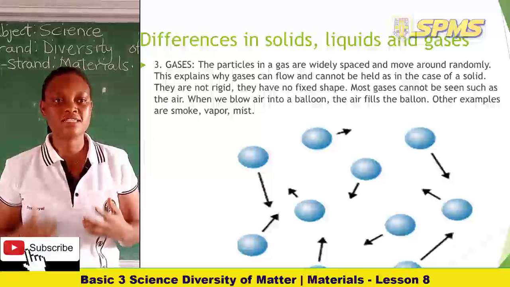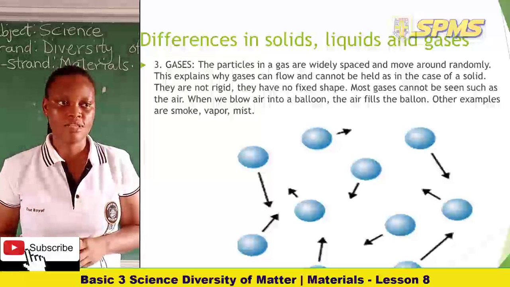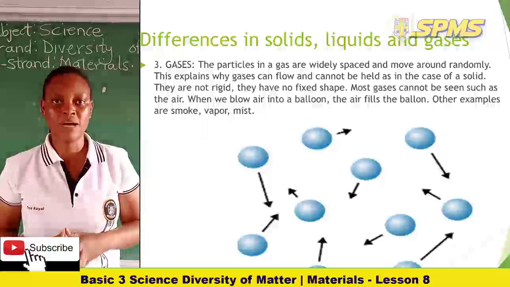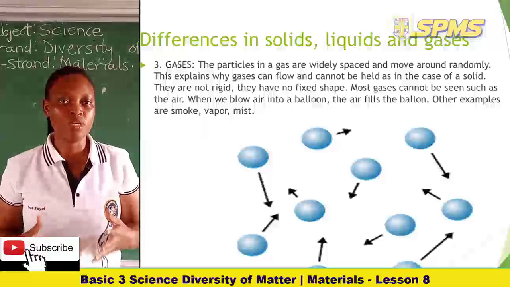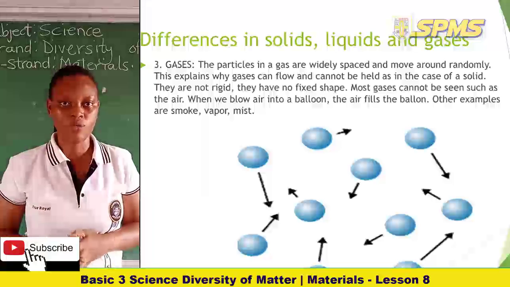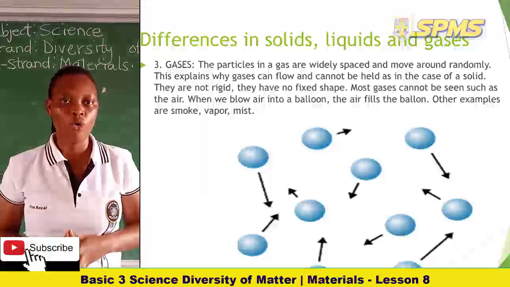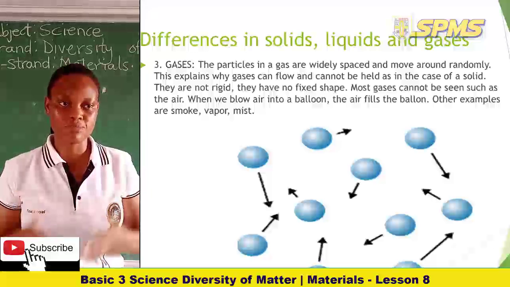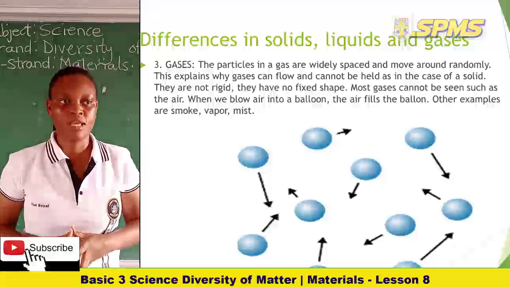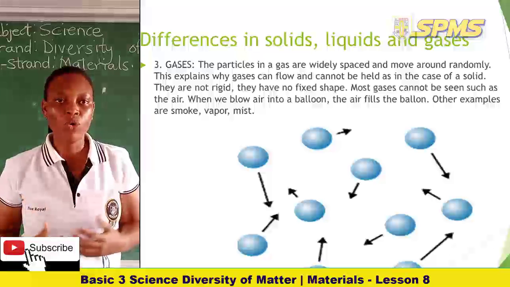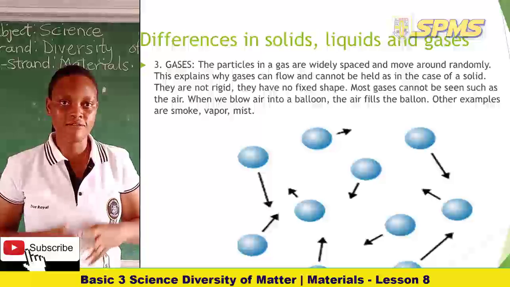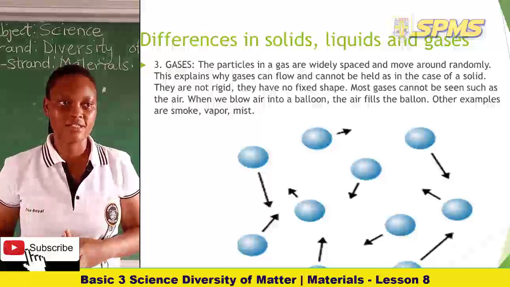So most gases cannot be seen, such as the air. Others can be seen, but then they disappear within a short while, like the steam or the vapor that comes out from our saucepan when we are cooking. And then we can blow air into a balloon to take the form of what? Gas.